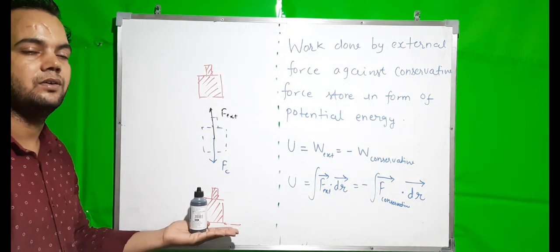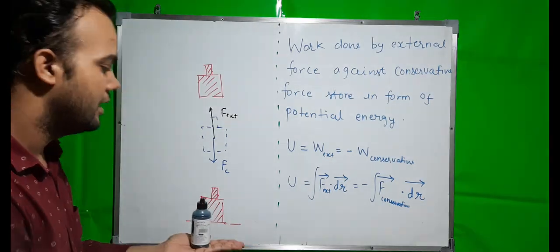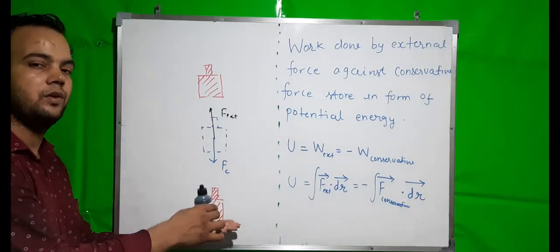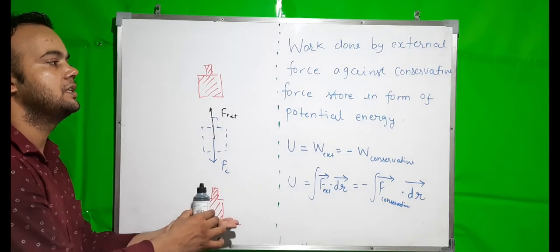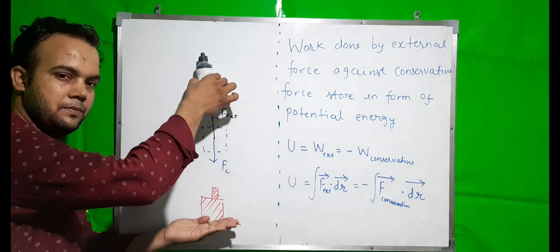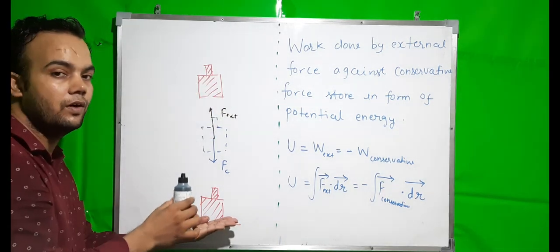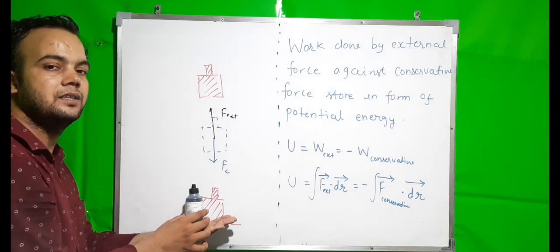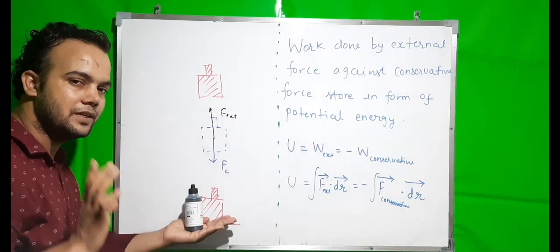So always we have a reference where we consider potential energy 0. Here potential energy is 0 on the ground, and we move this body from 0 potential energy to this height. At this height, potential energy is equal to the work done by the external force or the negative of the work done by the conservative force.